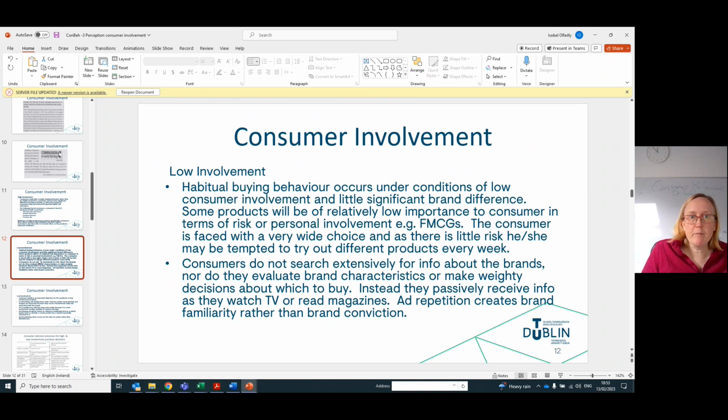With low involvement, habitual buying behavior, it's something we've bought before and we just buy it again. It occurs under conditions of low consumer involvement and little significant brand difference. Some products will be of relatively low importance to the customer in terms of risk or personal involvement.